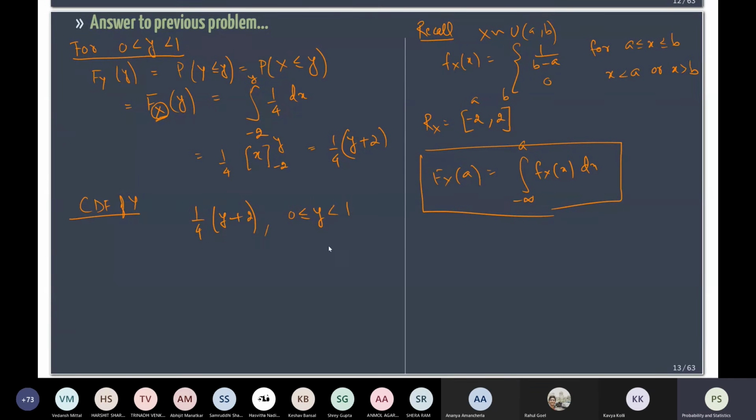It is 1 otherwise, in the case where y is greater than or equal to 2. And it is 0 otherwise.